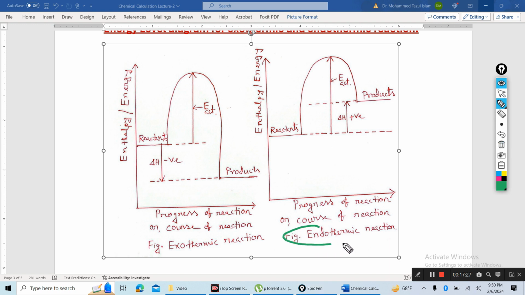Second one is the endothermic reaction, and this reactant goes to product. Here reactant has less energy, product has more energy. Now reactant to peak of the curve distance is known as E-act, activation energy, and reactant to product distance is known as del H, enthalpy of the reaction or change in enthalpy, and this will be positive because this is an endothermic reaction.